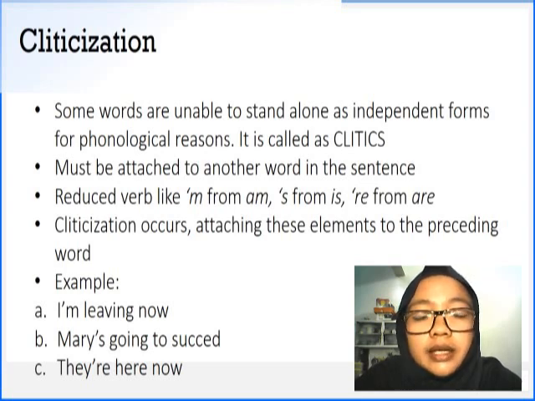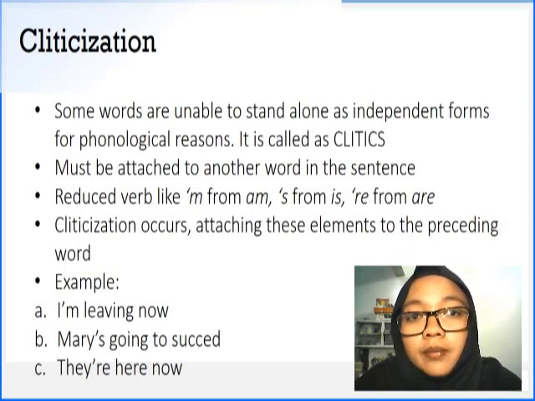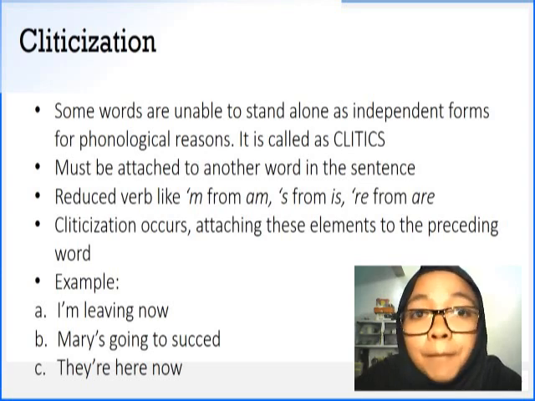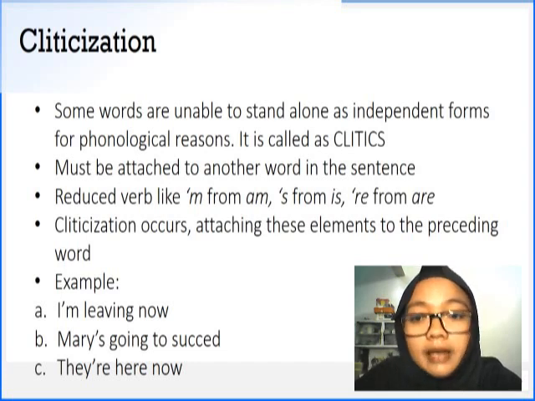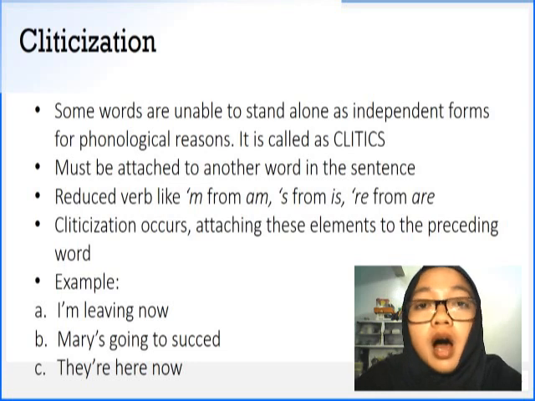It becomes a clitic when the phonology tends to create a new form or new sounds from some words. It must be attached to another word in a sentence. The process is by reducing the verb, like from am, and s from is, and re from are.